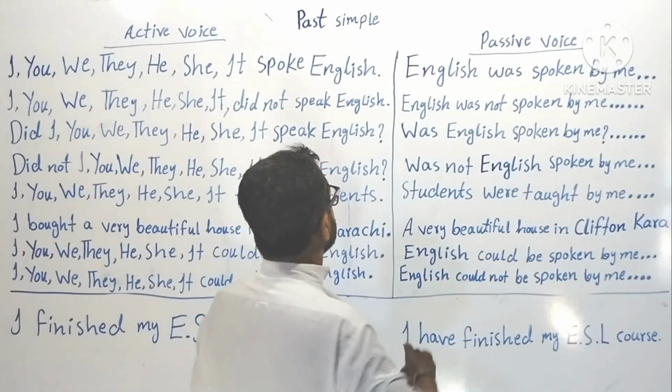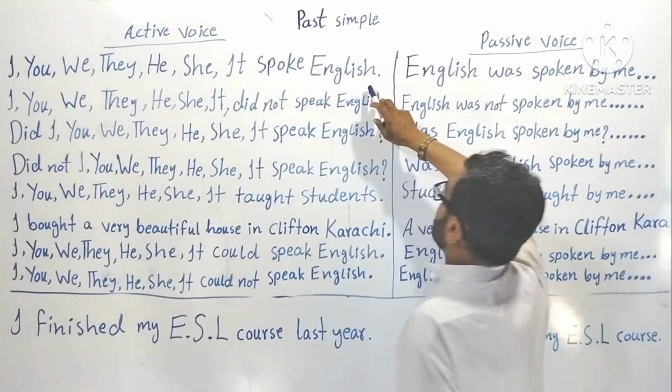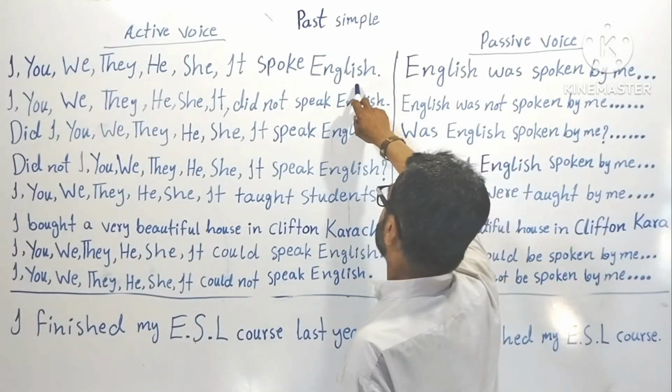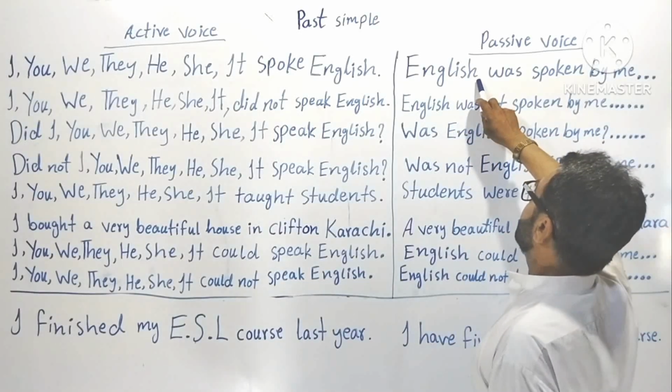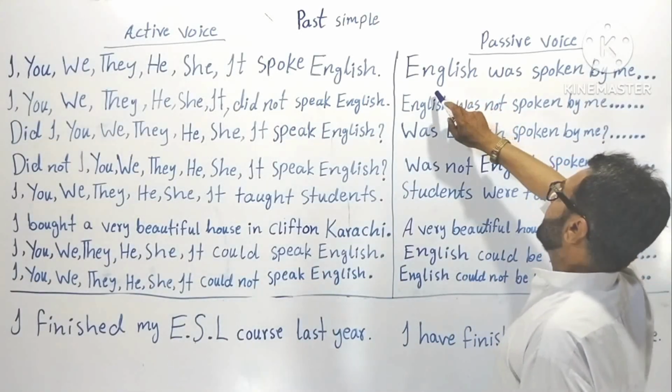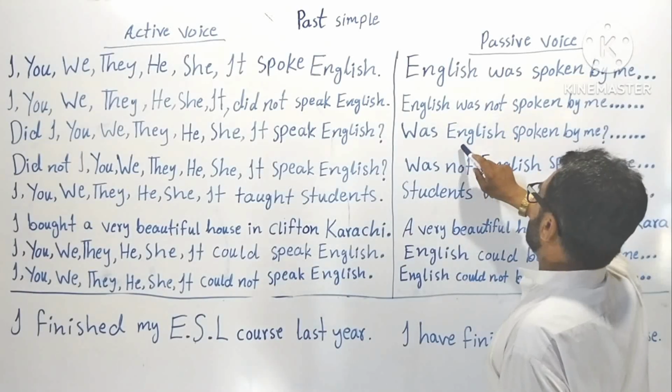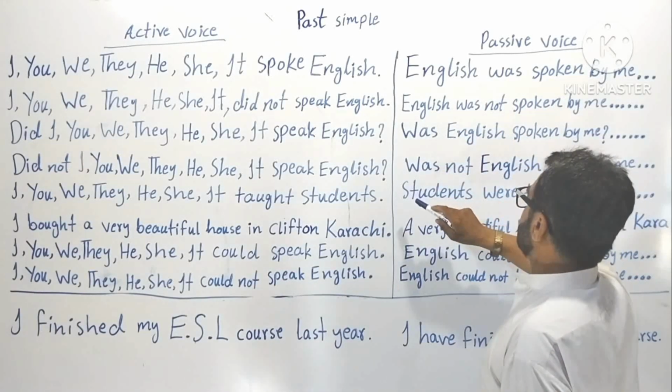You see, English is a singular subject. I mean, here it is the object, but here it is the subject. Now English is singular, that's why was.